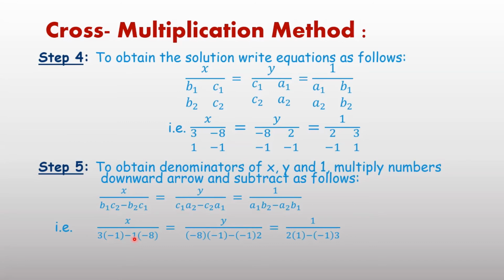Now next step, further simplify. So 3 into -1 equal to -3, minus 1 into -8 is -8, minus plus 8, -3 plus 8, equal to y upon -8 into -1 is 8, and here -1 into 2 is -2, with the minus sign means +2, equal to 1 upon 2 into 1 is 2, minus -1 into 3 means +3.